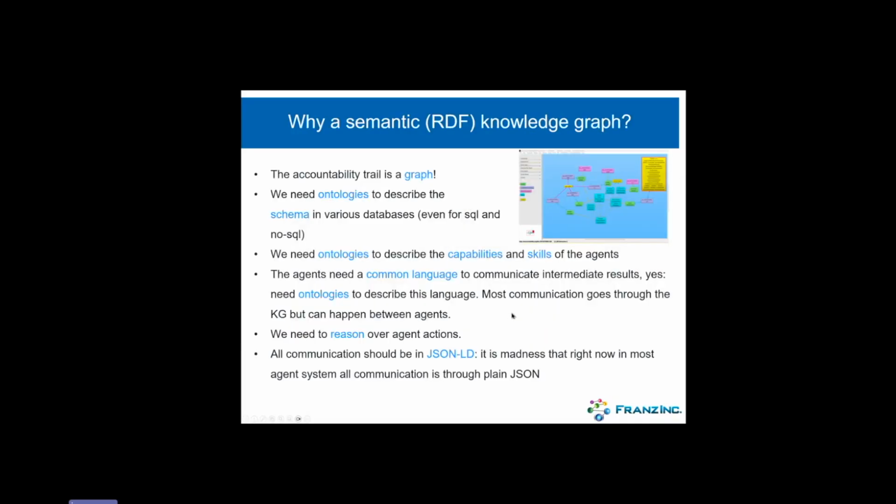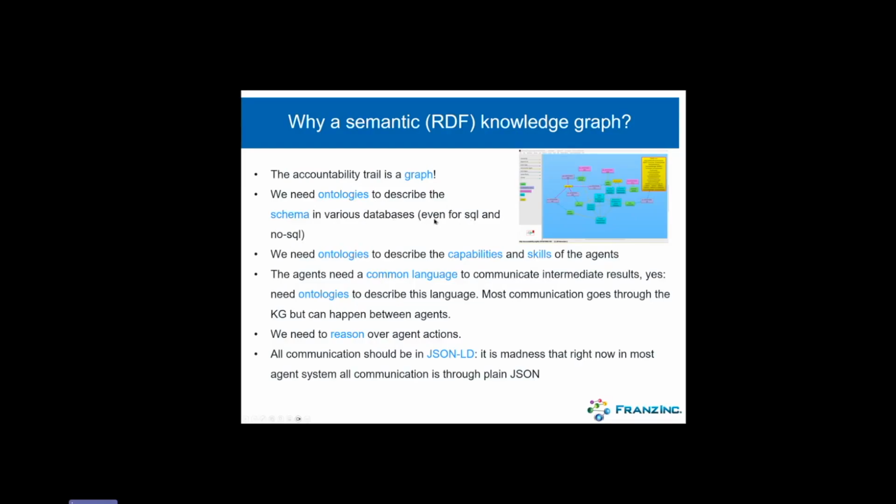And then finally, why does this have to be in a semantic or RDF knowledge graph, right? Why can't it be in SQL or in a property graph? Well, to begin with, the whole accountability trail is a graph. I just showed that here with all the dependencies between the tasks and the agents. And then, and here's the important part, we need ontologies to describe the schema in various databases, even for SQL and NoSQL.